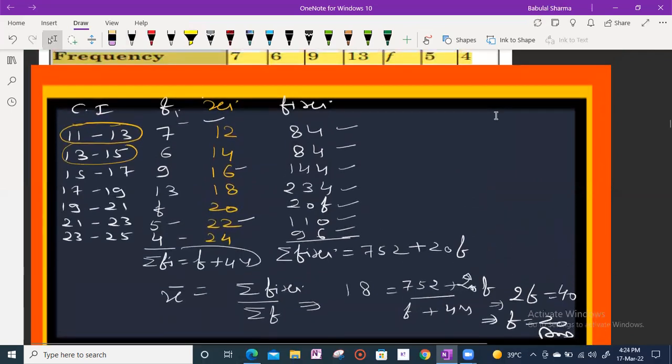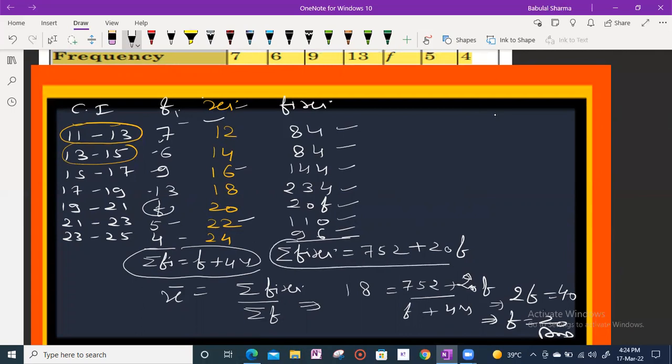See how to do this question. First we found the mid value of each class, and represented it by xi. We added the frequencies, that is f plus 44. Then we multiplied each fi by the corresponding xi, and then added these numbers, that is 752 plus 28.